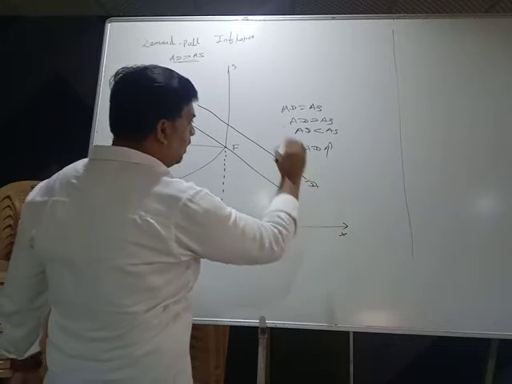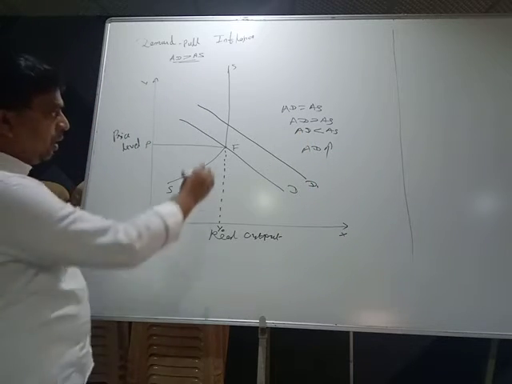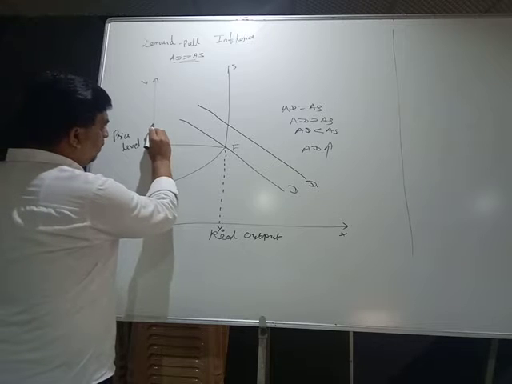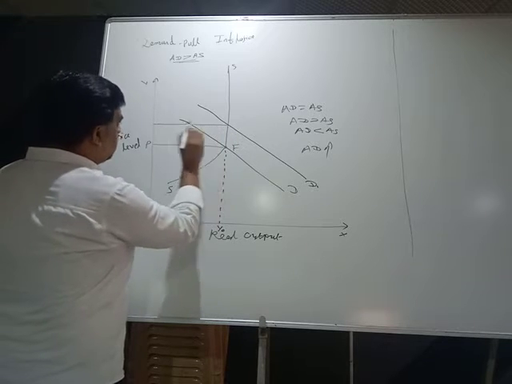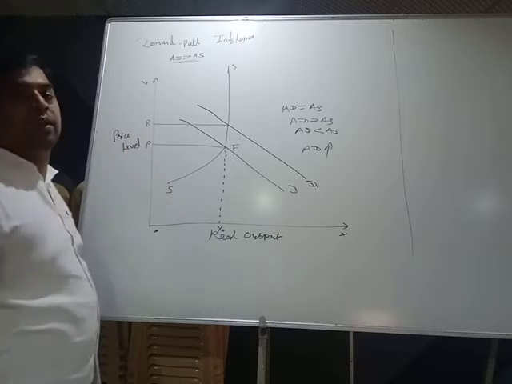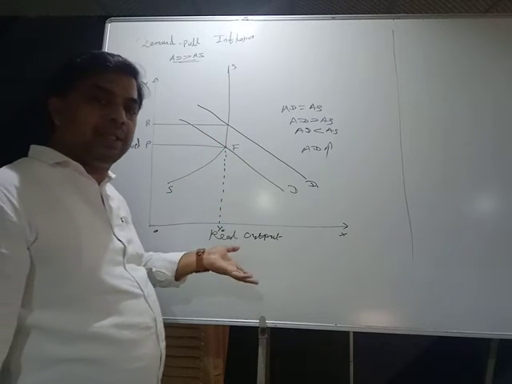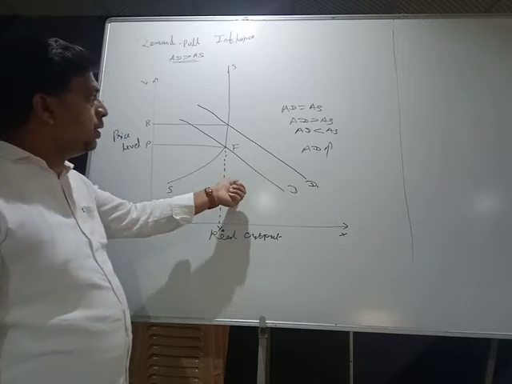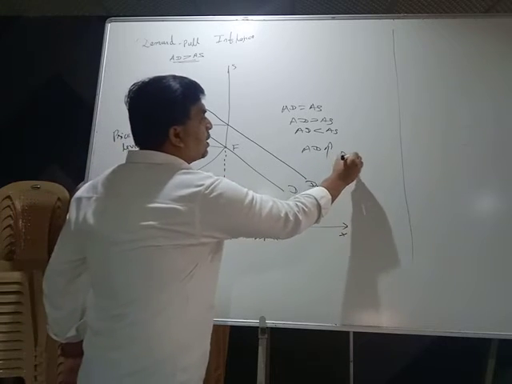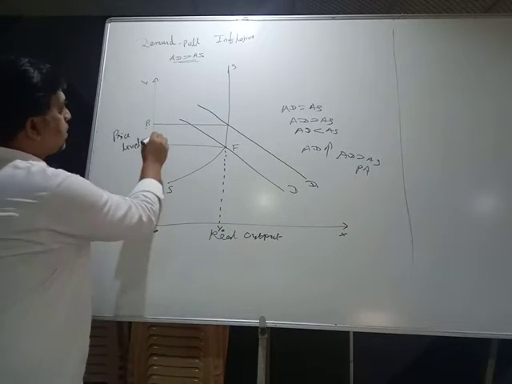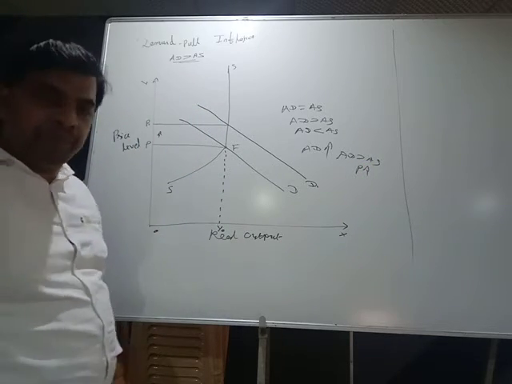We will name it D1. Supply is constant, so the price level rises from OP to OP1. Because supply is inelastic, supply is constant, aggregate demand exceeds aggregate supply. So what will happen? The price level will rise. So the price level increases from OP to OP1.